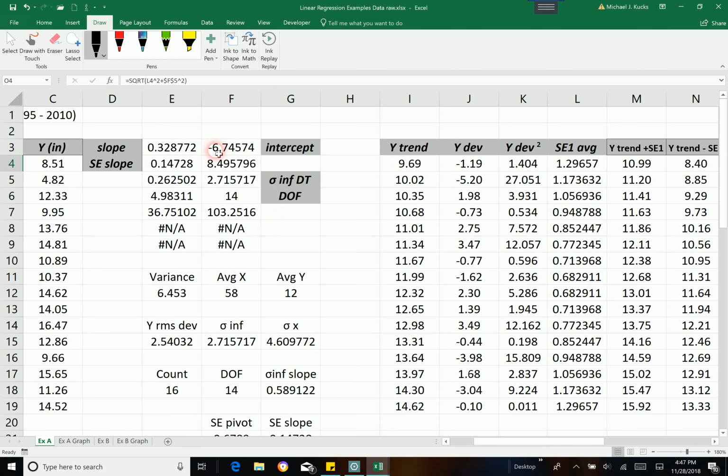Next time we get together, we'll talk more about what the rest of these numbers in the LINEST command output are. And if you look on the portal, you'll find that I put up a template for you that shows you how to use the LINEST command in Excel.